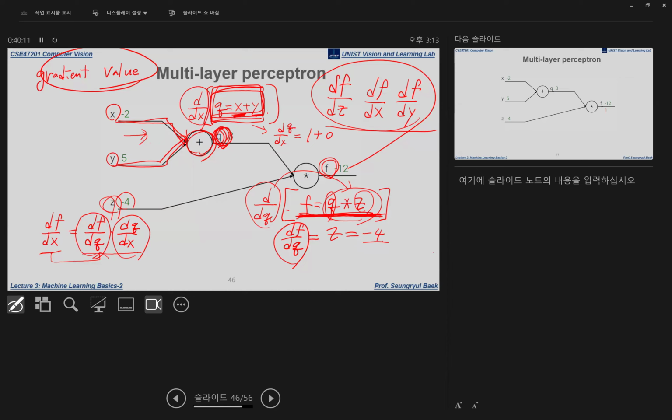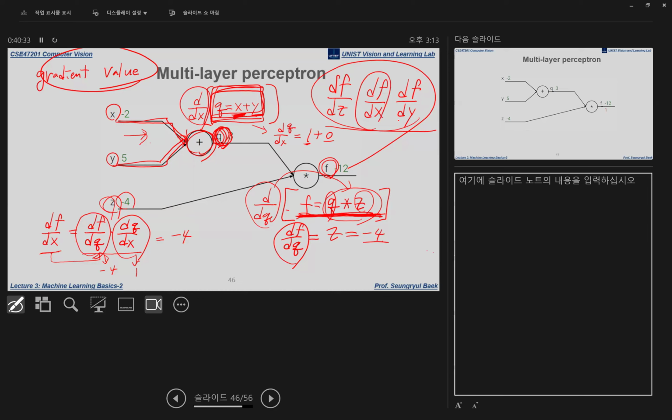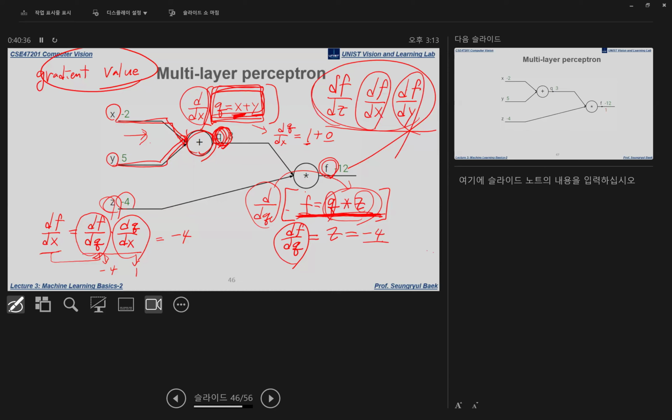If we differentiate a constant, it becomes 0, and if we differentiate the first-order variable, it becomes 1. So this is 1 and this is minus 4. So df/dx becomes minus 4. Are you guys following this? You can do it for other things, but I will calculate that by myself again for the other gradients.